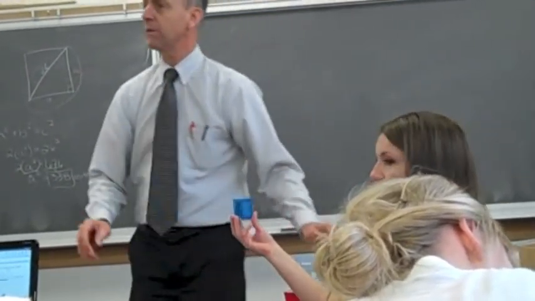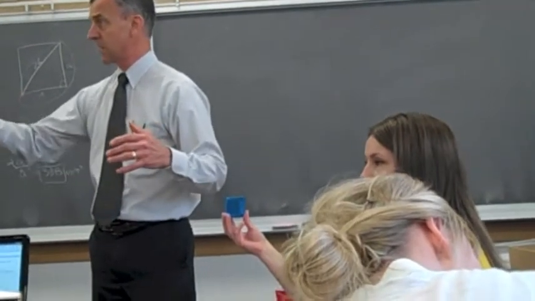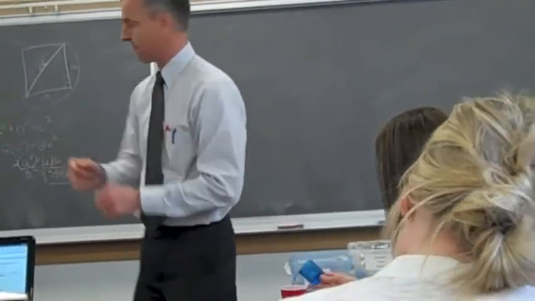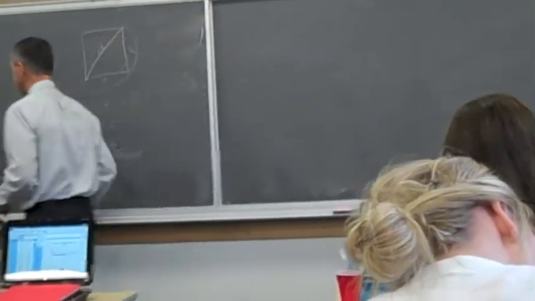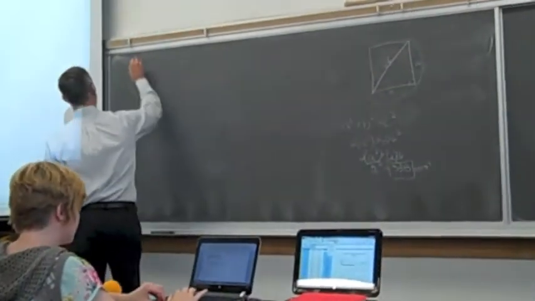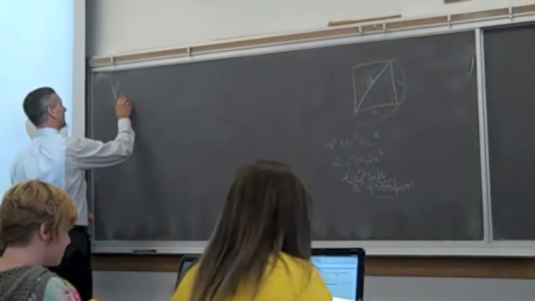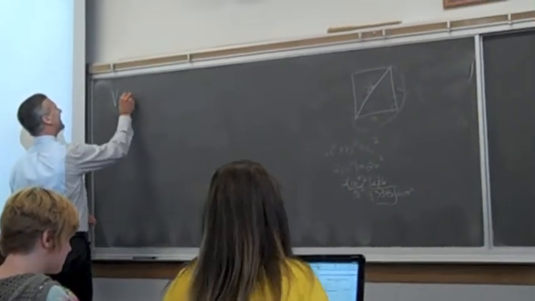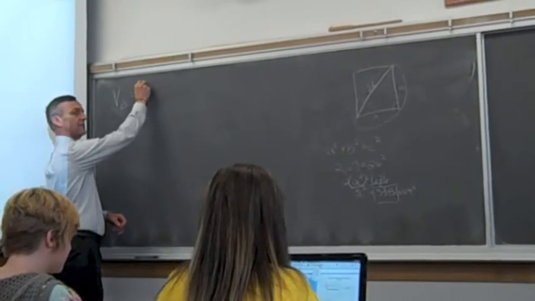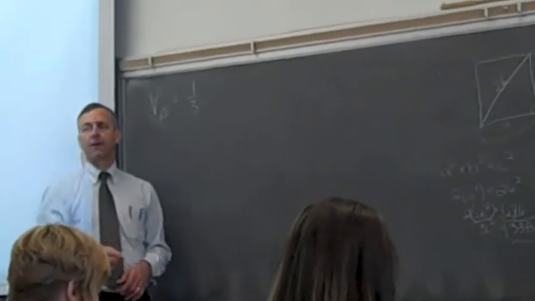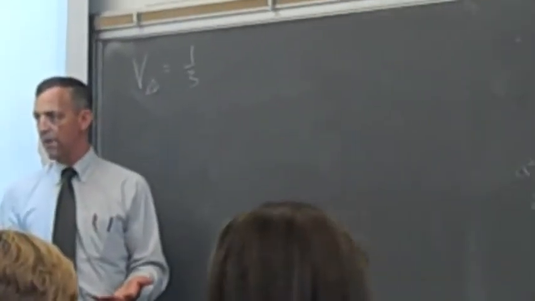Now, has everybody been creating a list of formulas? Every time we discover a new one, have you been adding it to your list? Let's add this one. The volume of a pyramid is equal to what? 1/3 of what? The prism that it came from.